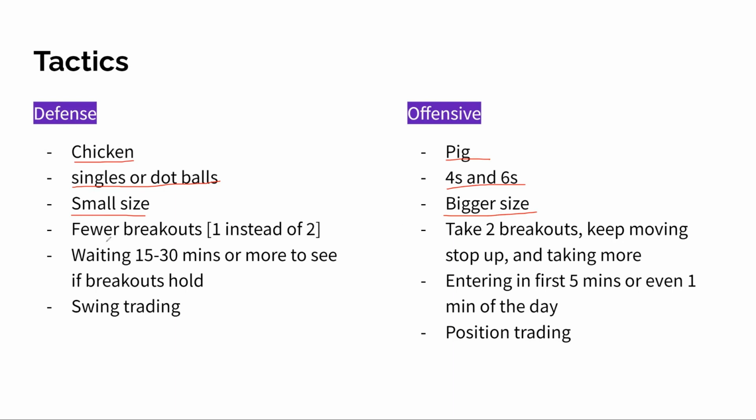And defense means I'm going to trade fewer breakouts, so maybe just one instead of two. And offense means I'm going to come into the day knowing that I'm going to trade 2 breakouts at a time, keep moving the stop up, and then take 2 more breakouts, and as many as I can. I'm coming into the day with this mindset, essentially.